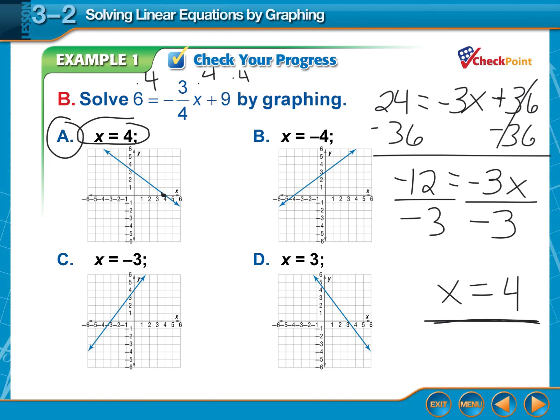Can we find another point? No. Think way back to 8th grade. What do you know about slope? What's our slope in this equation right now? That number right there. It's negative, so that means our slope is negative and our line is negative. That's way back. We'll do a review of that also.